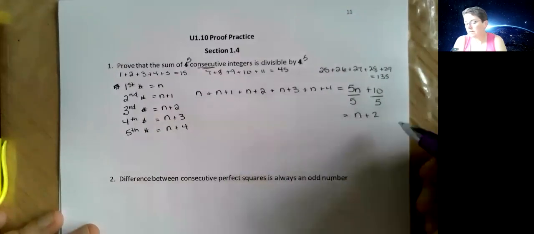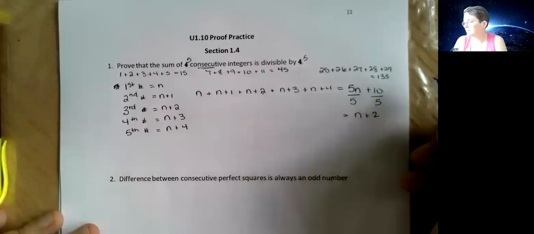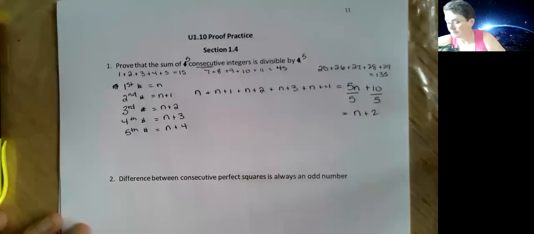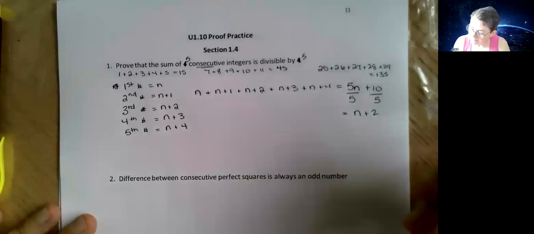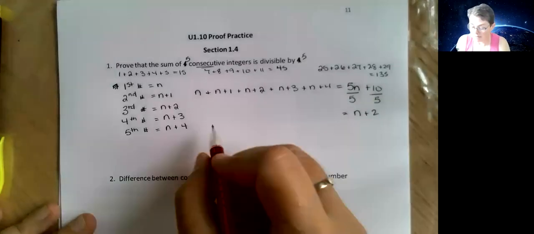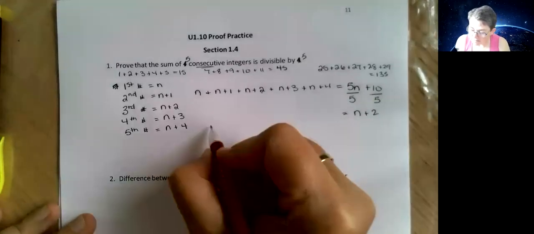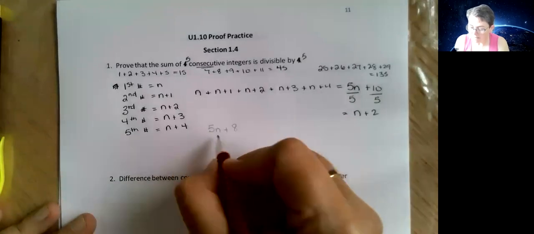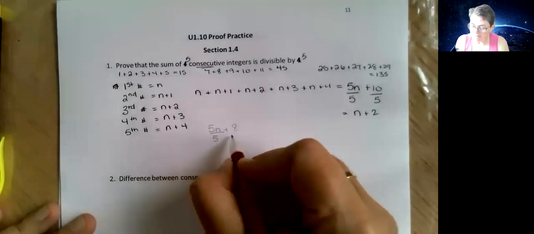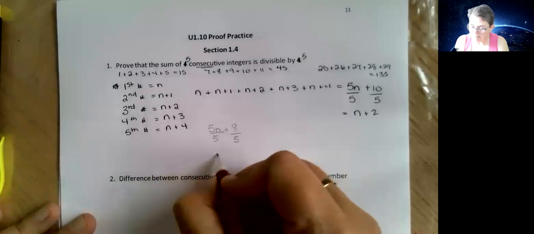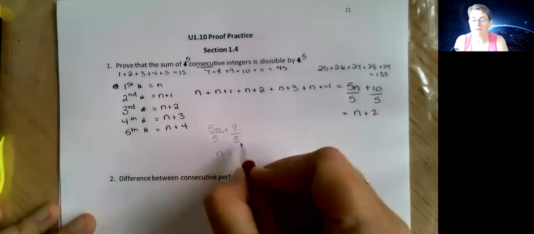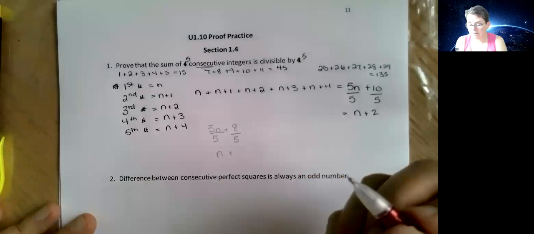I'm good. See, if my sum was like 5n plus 8, and then I went to divide by 5, this part would work out, but it doesn't divide evenly by 5.